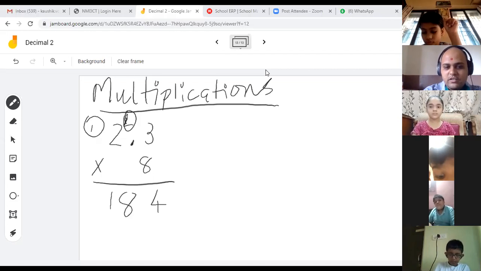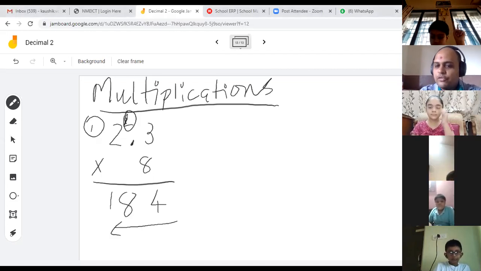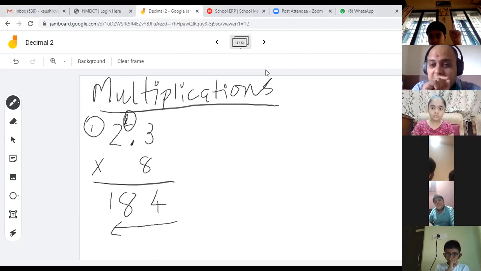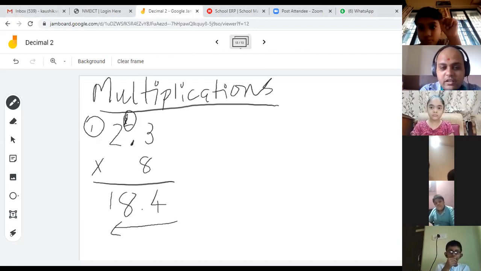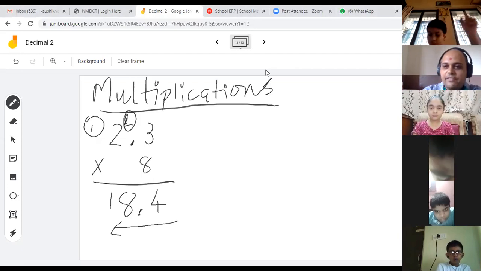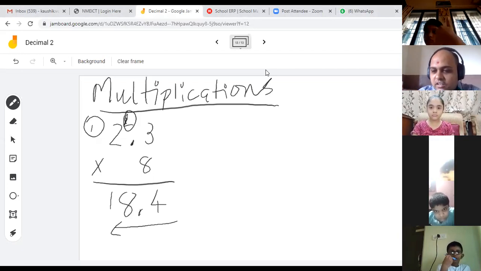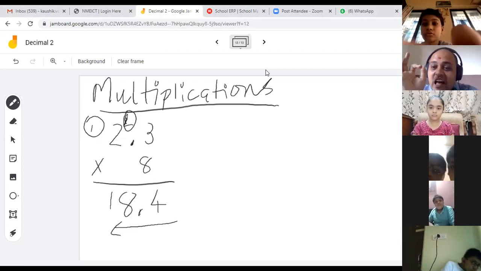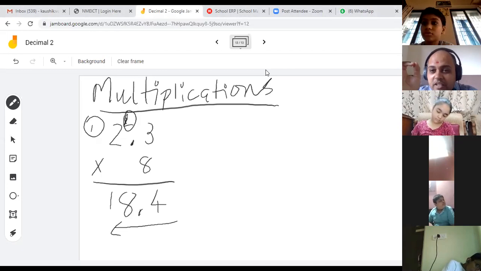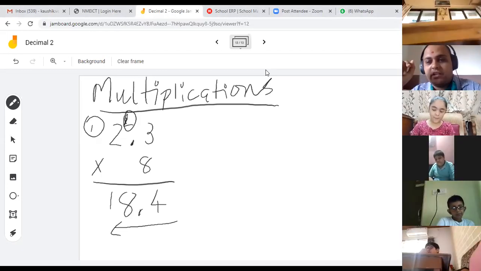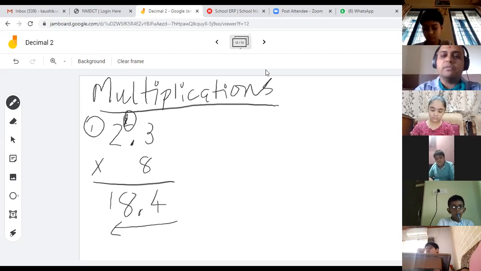That is, 1 digit from the left, so before the 4, we put the decimal point. That is the correct answer. Just count the digits after the decimal point, and in the answer, the same number of digits should come after the decimal point.